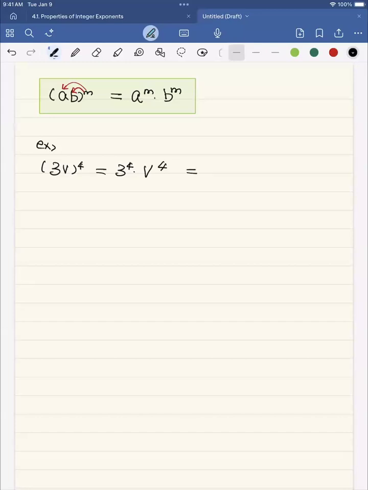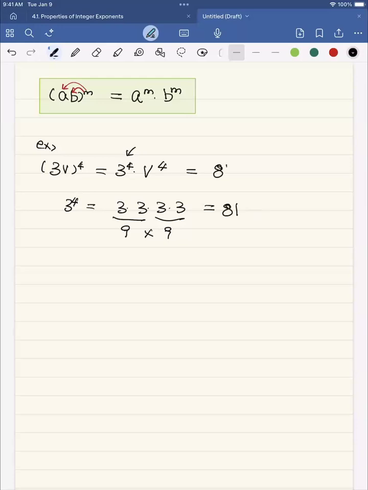In ALEKS, they will not accept this pattern of the answer because you can simplify further. What is 3 to the 4th power? That's 3 times 3 times 3 times 3. So this is 9, this is 9. So 9 times 9 is 81.